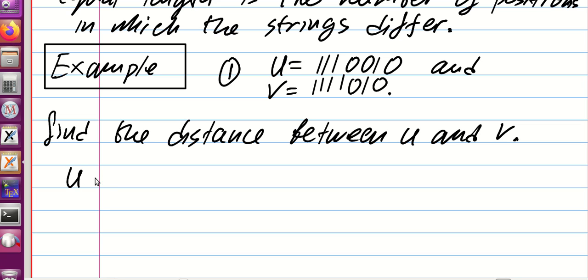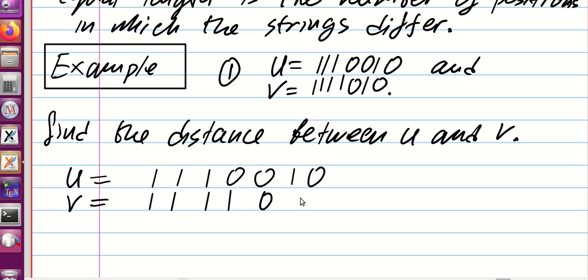So you write U, 1110010, and since V has exactly the same length, you can write the items from V directly underneath the items from U. Then you go and check where they're the same and where they're different.